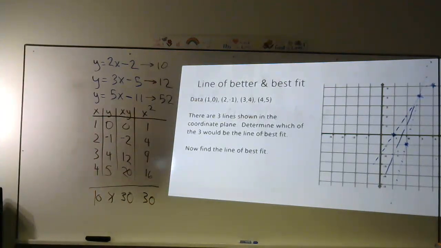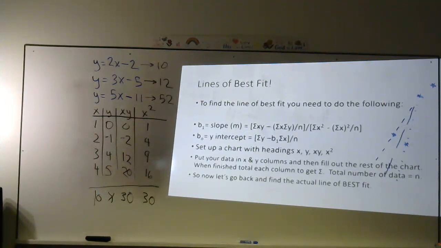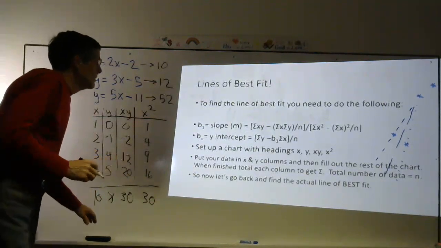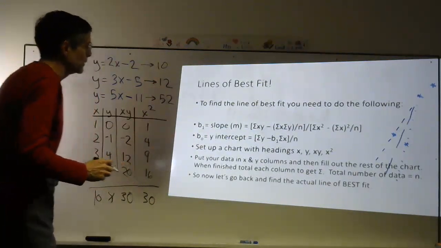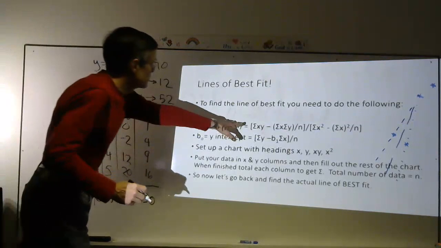Okay? All right, so let's determine the line of absolute best fit. We need our formulas once again. There they are. Okay, so there are the formulas. So let's figure out the slope first by using this top formula.